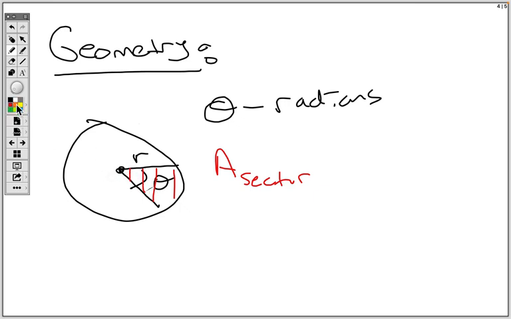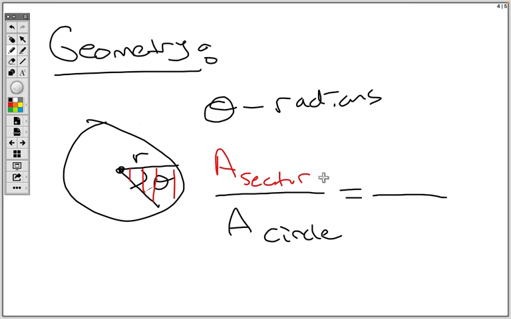What we can do is just use proportionality arguments. The area of the sector divided by the area of the whole circle is equal to the same proportion of how much I've swooped out, which in this case would be theta. And since we're measuring theta in radians, that's going to be divided by the radians of the whole circle.